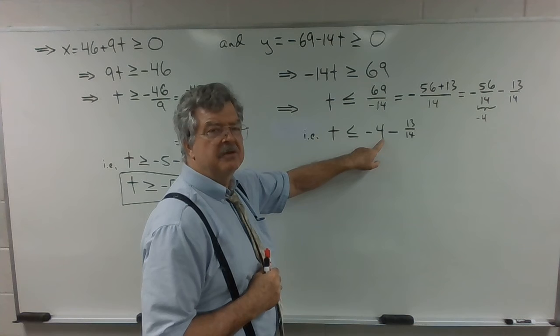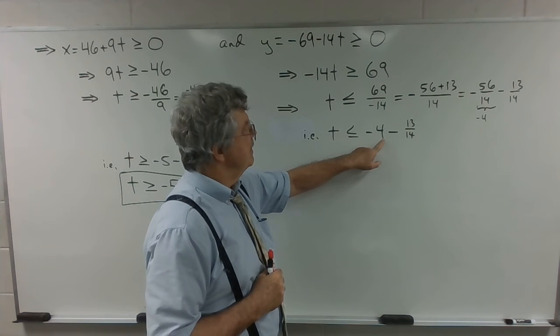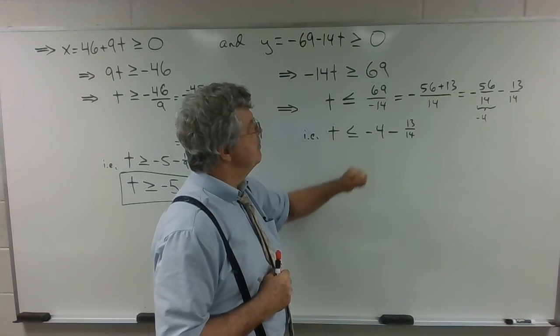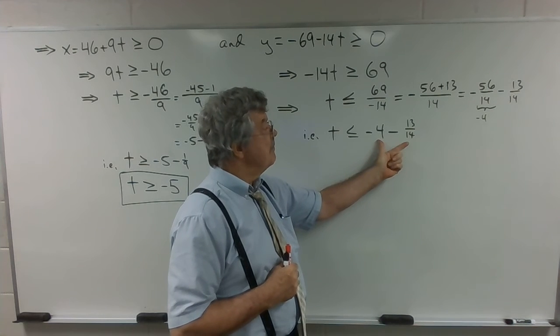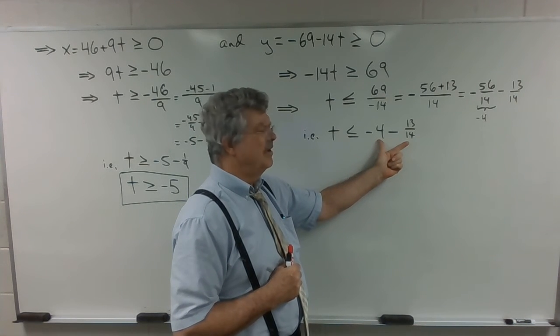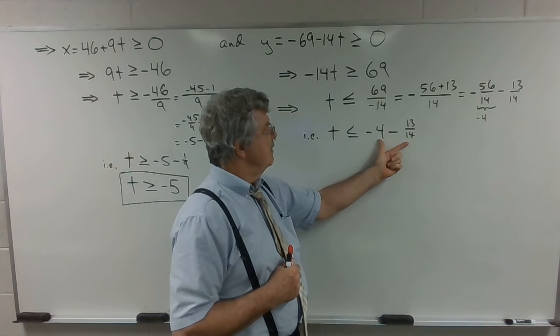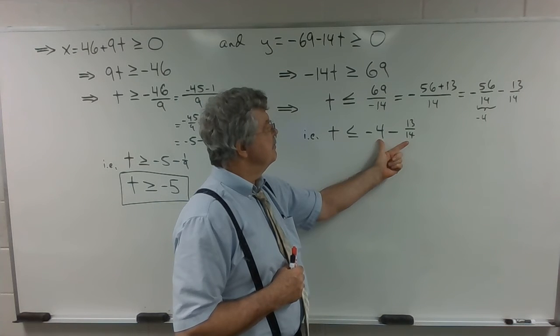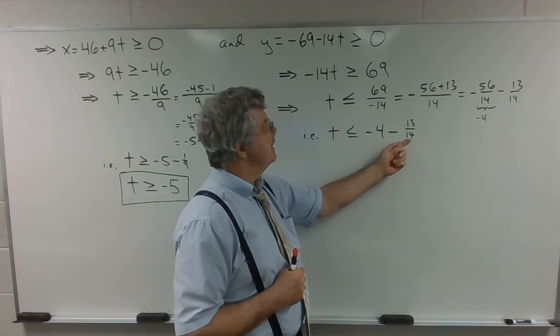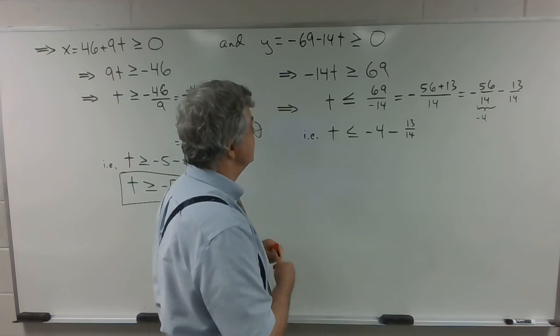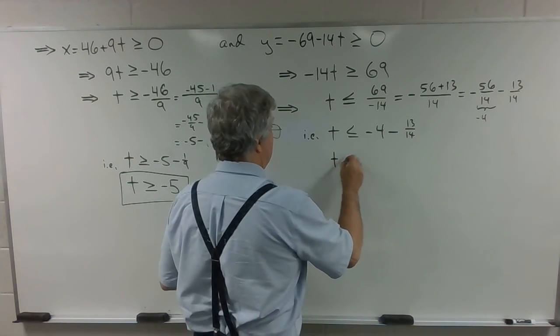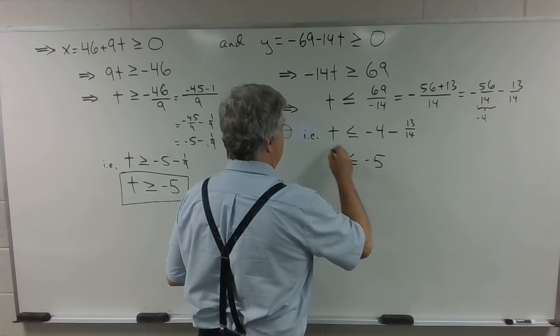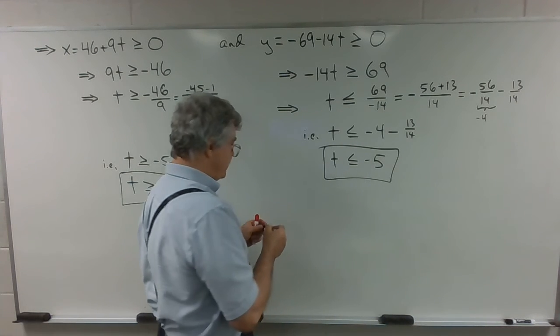Can t be equal to negative 4? If t is negative 4, it won't be less than negative 4 minus 13/14. So no, t can't be equal to negative 4. So the integer immediately less than negative 4 minus 13/14 is negative 5. Okay, this is the restriction on y.